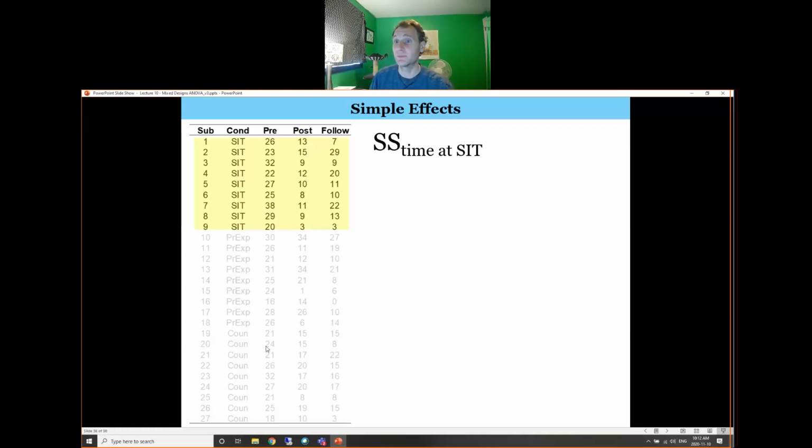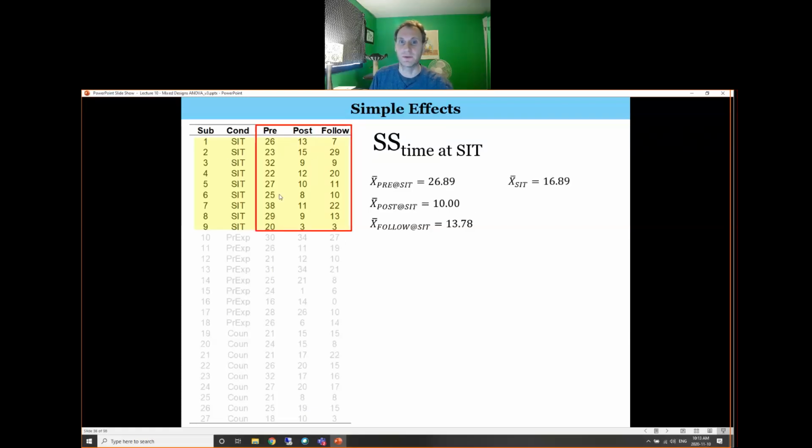So just like we did simple effects before, we need the means of each time at that condition, and we need that marginal mean for the overall mean for just the stress inoculation condition. Right? So I have the mean of pre at SIT, post at SIT, follow-up at SIT, and I'm going to compare that to the overall mean of the stress inoculation therapy.